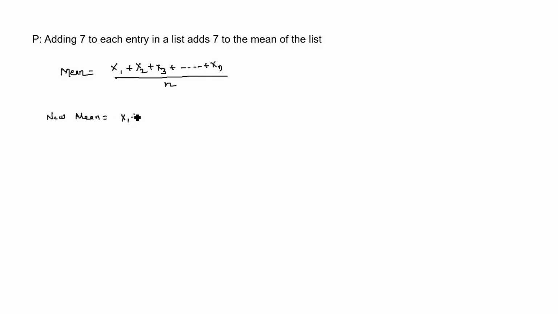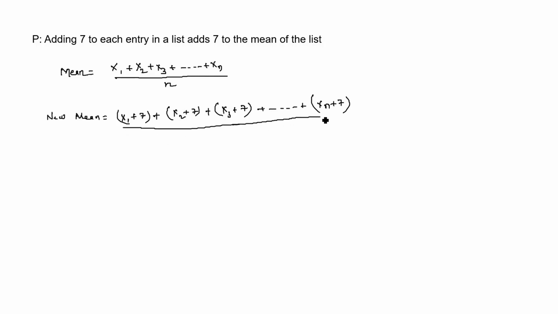The new mean will be x1 plus 7, plus x2 plus 7, plus x3 plus 7, and up to xn plus 7, divided by the total number of numbers, which is the same n. If we take 7 as common, 7 is repeated n number of times.